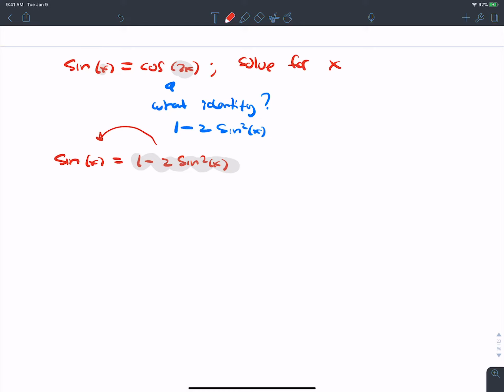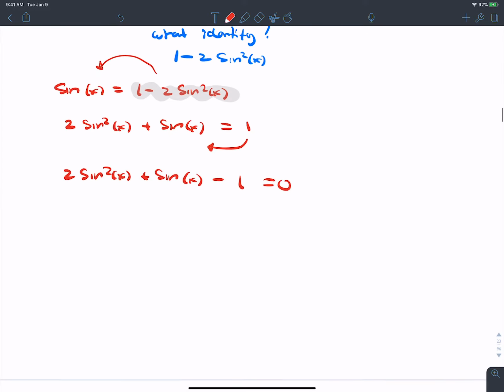You get 2 sine squared x plus sine x equals 1. I'm so much in a hurry to finish all these to get to the other. Anyway, sorry about that. And then translate the 1 if you want. All right: 2 sine squared x plus sine x minus 1 equals 0.